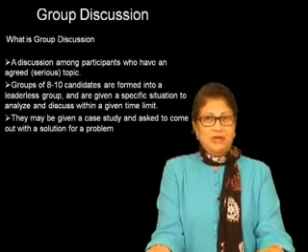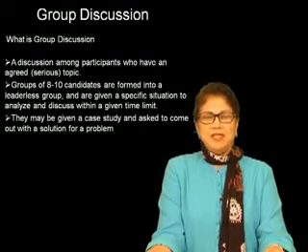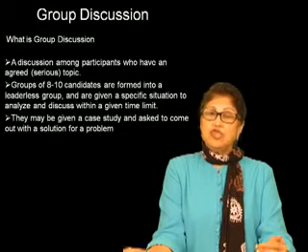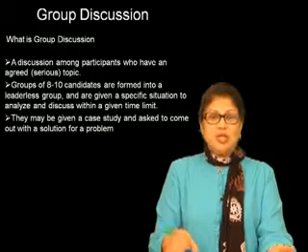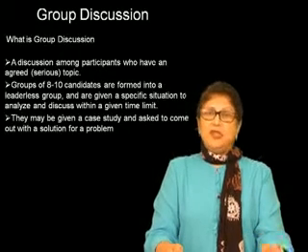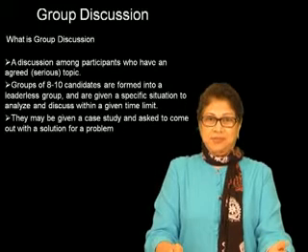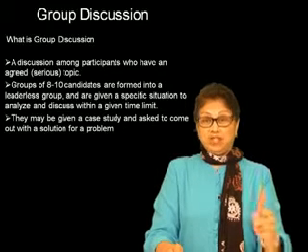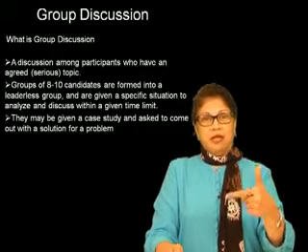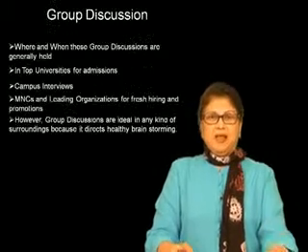And the third, which is slightly more interesting, is they may be given a case study and asked to come out with a solution to a problem. So what we saw just now is that there are 3 different scenarios where a group discussion normally takes place. One is you're given a topic, second is a situation, and the third is a case study.